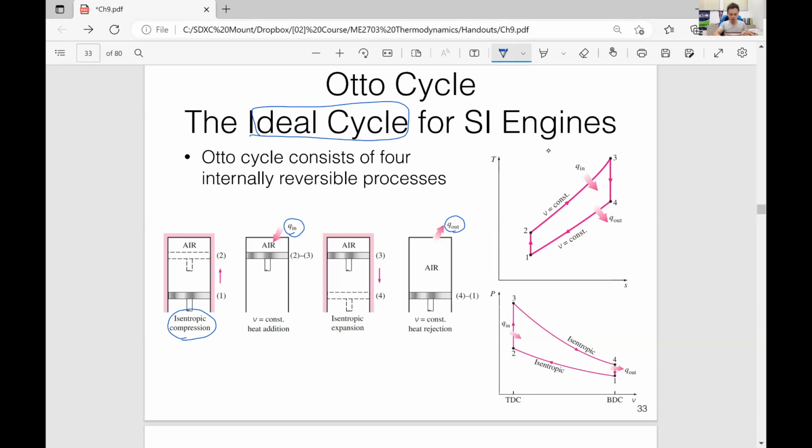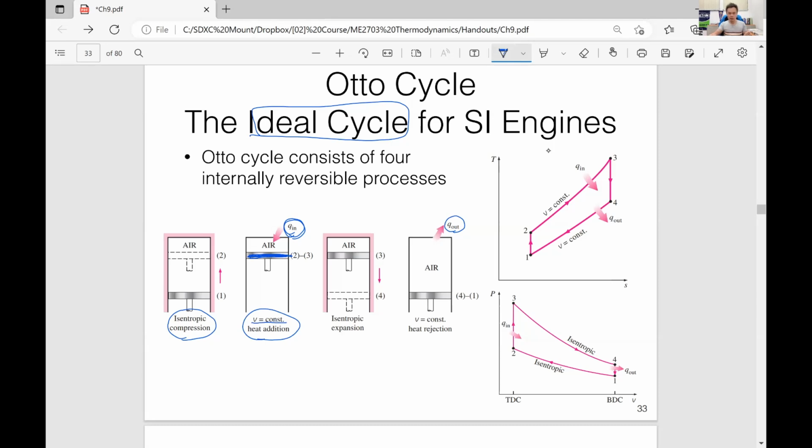Then there's a heat addition. This heat addition is maintained at constant volume. The piston is holding its position, so that's why this is called constant volume heat addition.